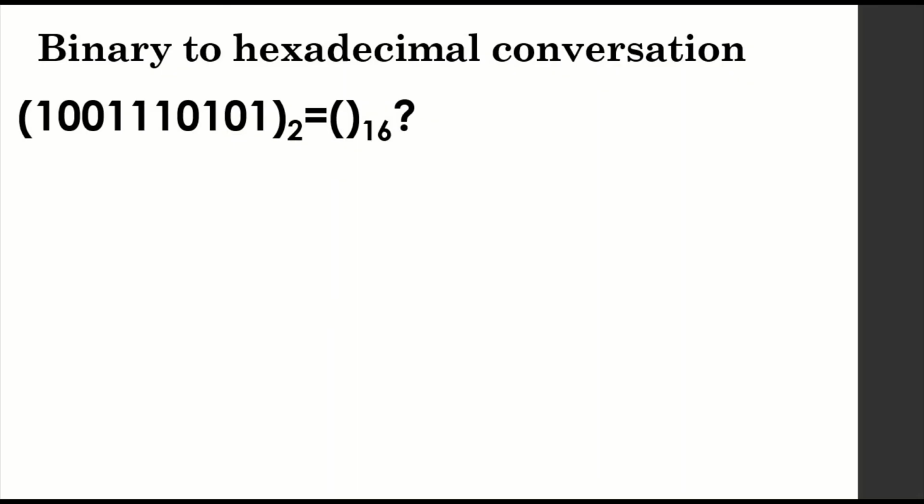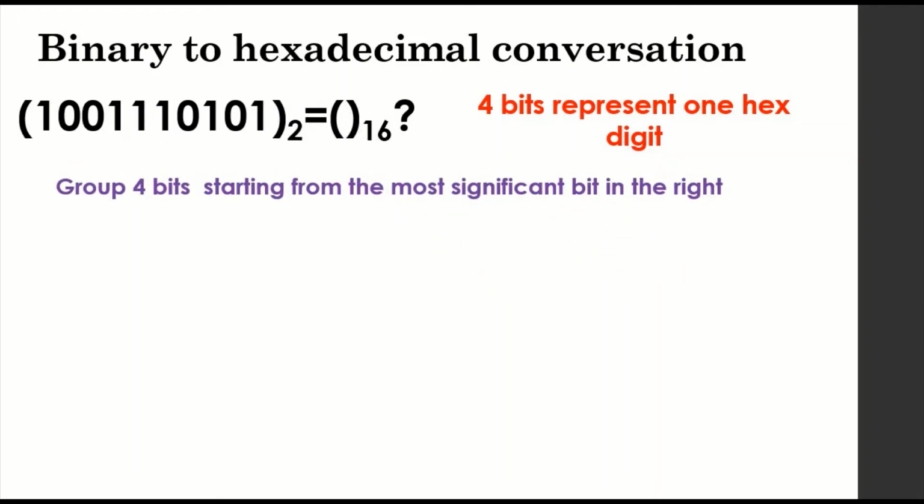Let's say we convert the same number to hexadecimal. Again, the hint is to know that 4 bits represent 1 hexa digit. So group 4 bits starting from the right.